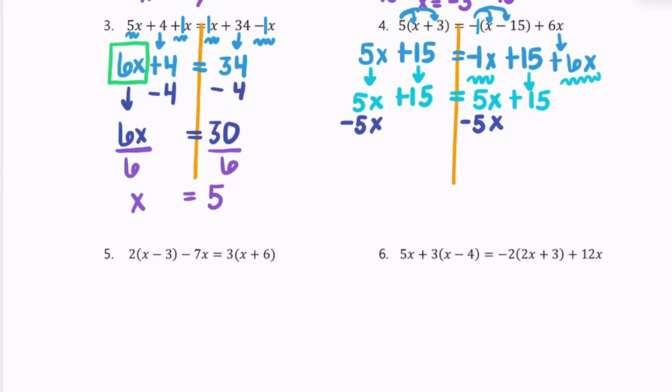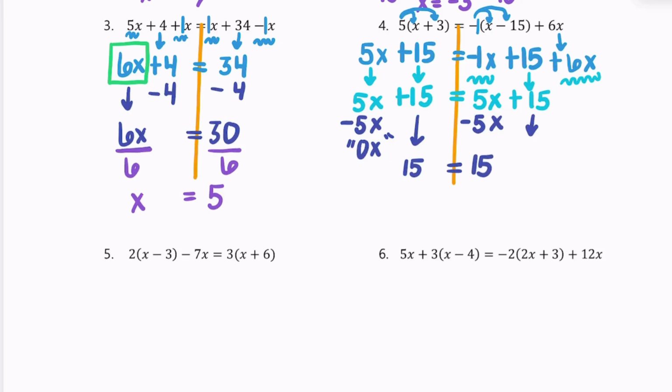So we normally wouldn't write 0x because anything times 0 is just 0. So 0 times x is just 0. So that's going to cancel out on the left-hand side, just leaving me with 15. And because I'm doing 5x minus 5x on the right-hand side, that's going to cancel out those x's on the right-hand side, just leaving me with 15.